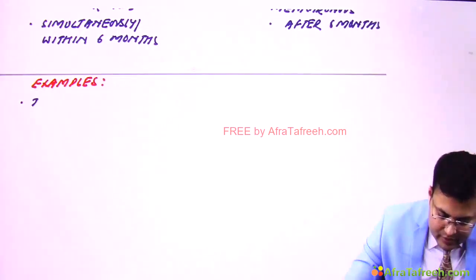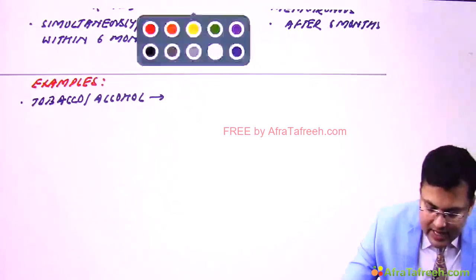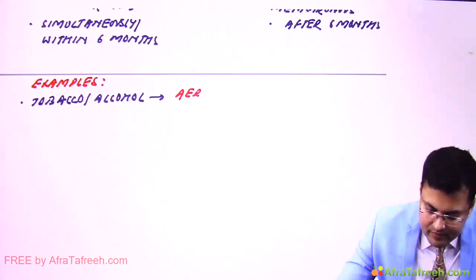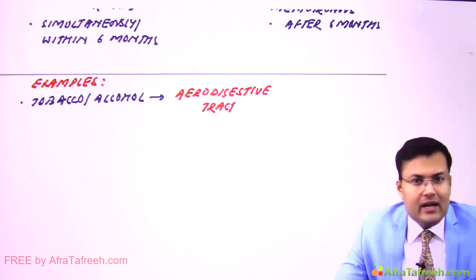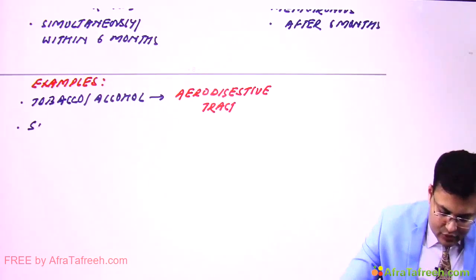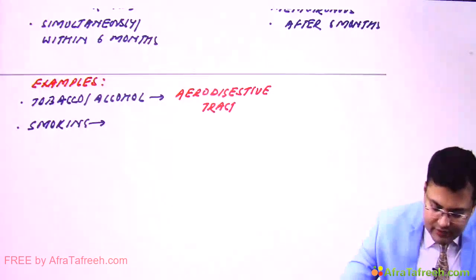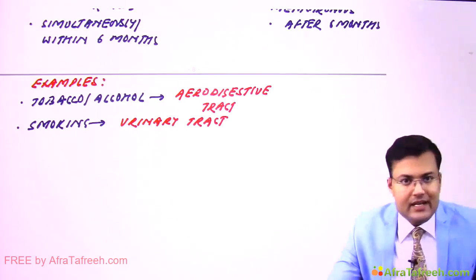Very important: tobacco or alcohol for the aerodigestive tract, and smoking, which is going to increase the risk of urinary tract malignancy. So this is the concept of field cancerization.